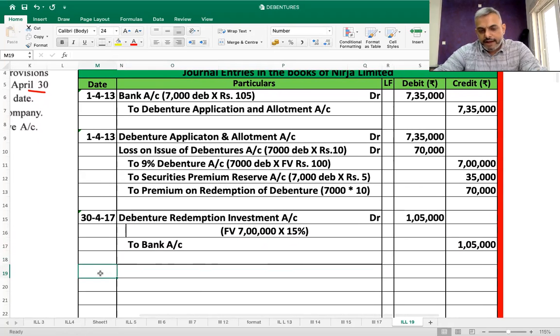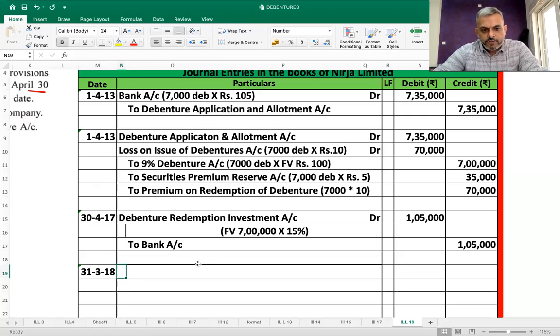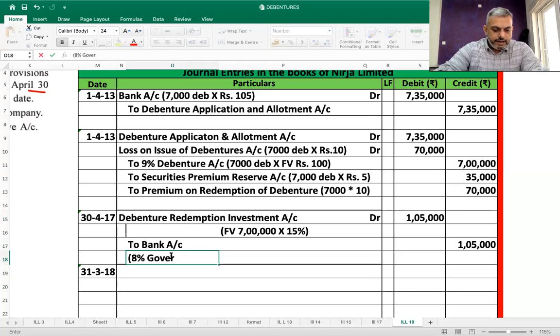Now what happens at the time of redemption, that is on 31st March 2018? Before we redeem the debentures, first of all I would like to sell all my investment. This investment, which I made on 30th April 2017, I write in the bracket as 8% government securities.